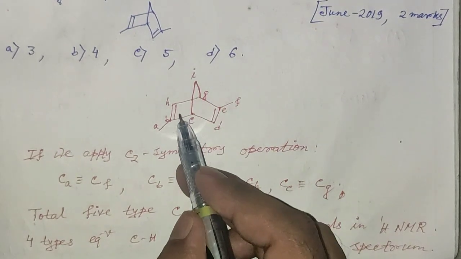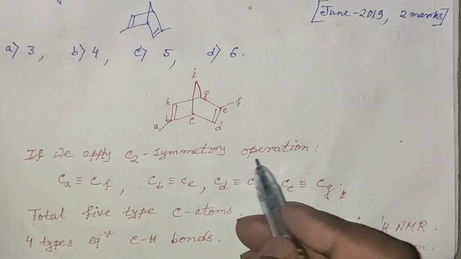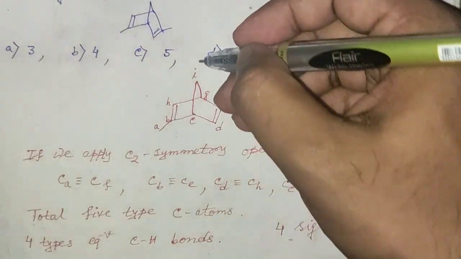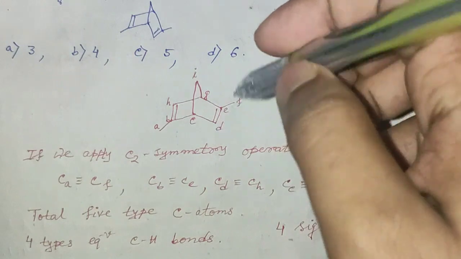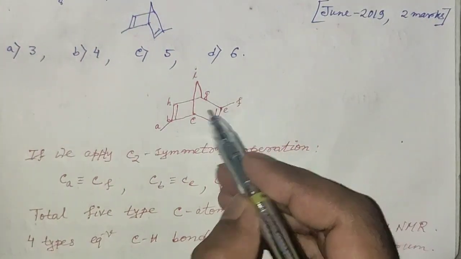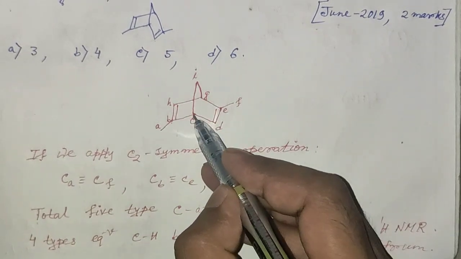Now for this compound, if we operate a C2 rotational symmetry operation along the Ci atom and rotate this molecule, we can see that this will come here, this will come here, this will come here.